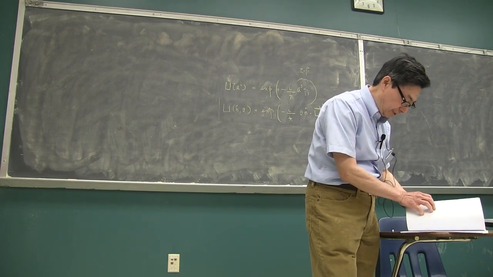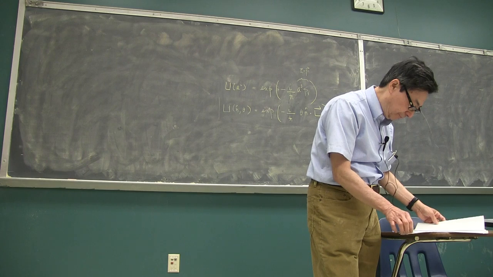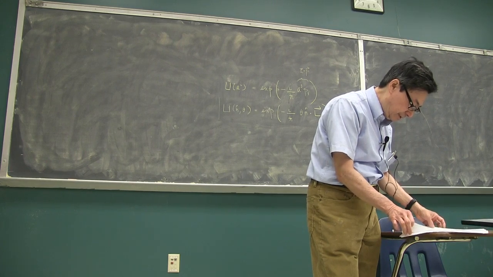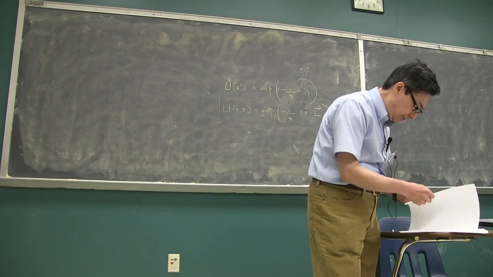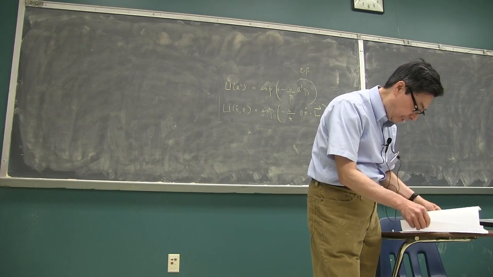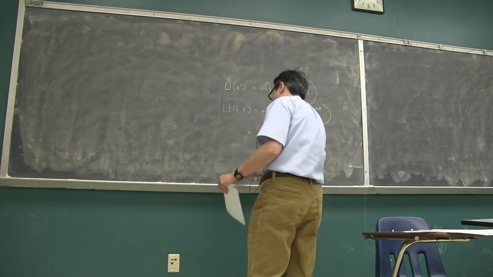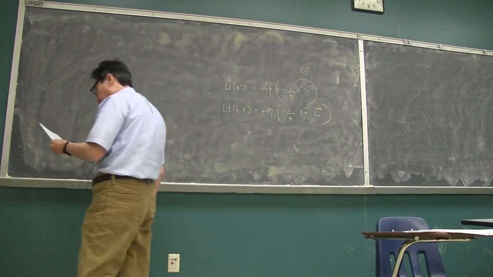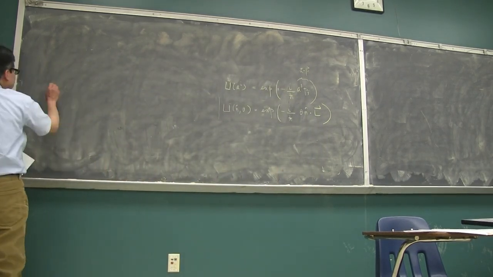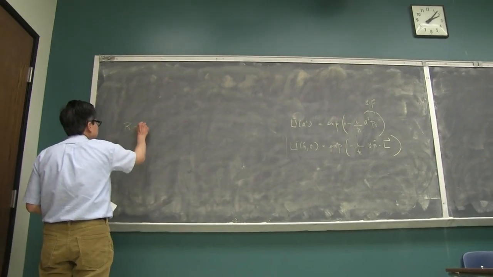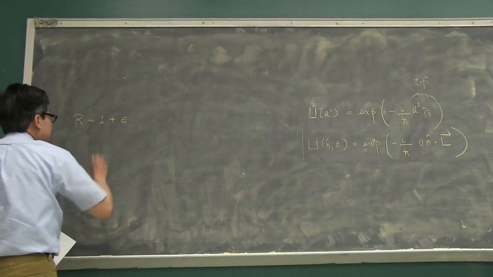So we are going to write the change in x for an infinitesimal rotation, and we already did that last time, and we saw that basically an infinitesimal rotation can be written as 1 plus epsilon.